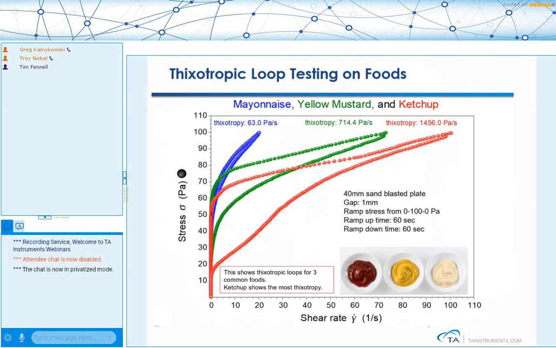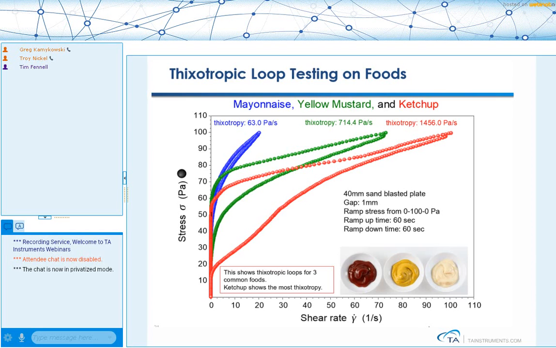And so the first results that I'll show from flow testing happened to be a stress ramp. It's a stress ramp up, stress ramp down. The purpose of this test is to look at how much damage is being done to the system as a result of flowing.